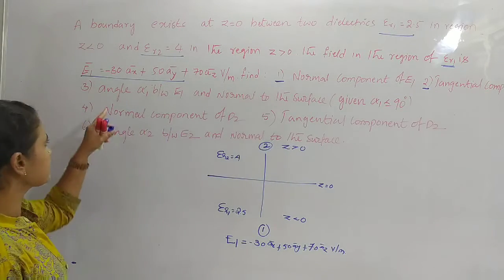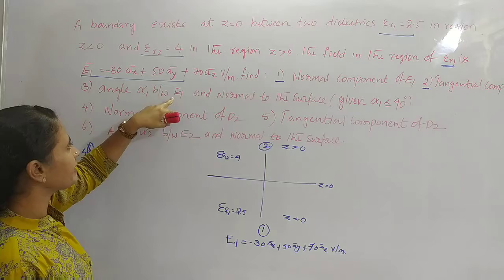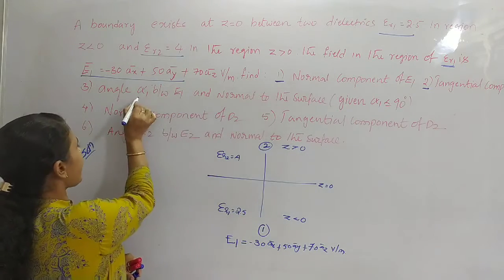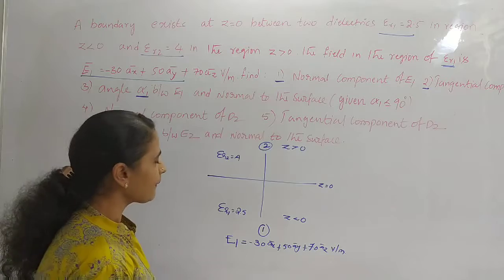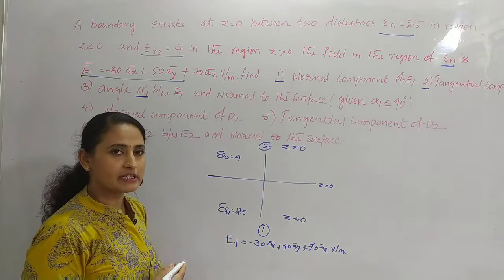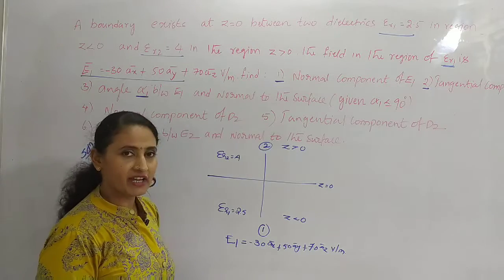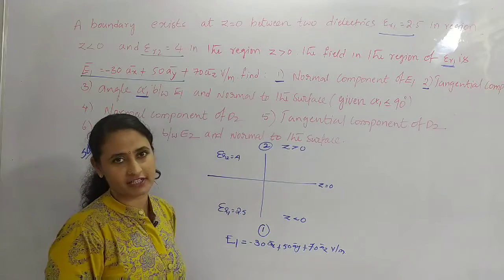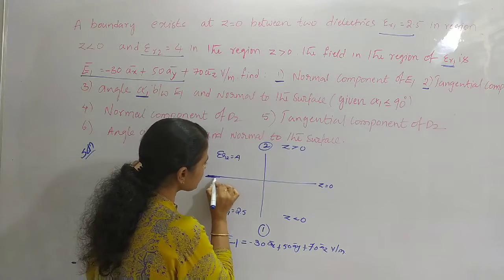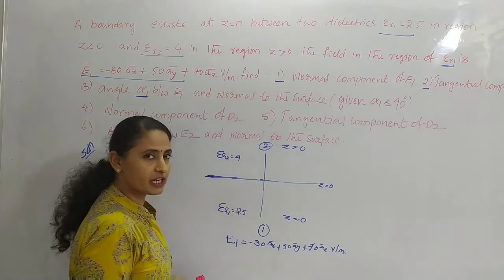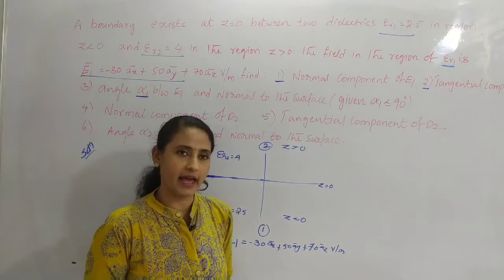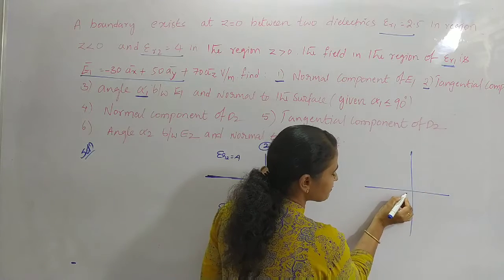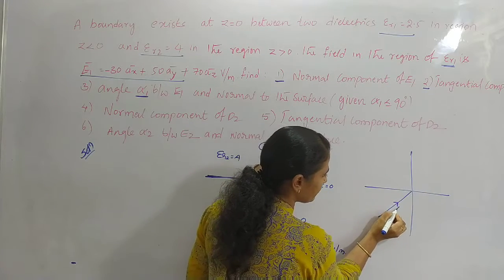The third one is the angle alpha 1 between E1 and the normal to the surface. We have to notice whether alpha 1 is the angle between the electric field and the normal to the surface, or the interface. This is a boundary line. In the previous numerical we have seen that they may ask to find the angle. For example, this is electric field E1.